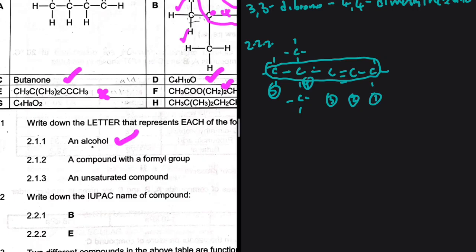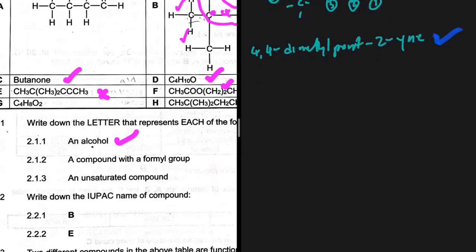Okay, we know that for sure, pent-2-yne. And then we have branches on the 4th carbon. So we're going to have 4,4-dimethylpent-2-yne. Right, so there we go. That is the IUPAC name of compound E, 4,4-dimethylpent-2-yne. Okay, I'm happy with that.